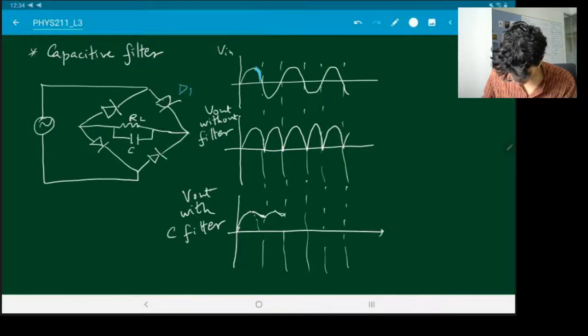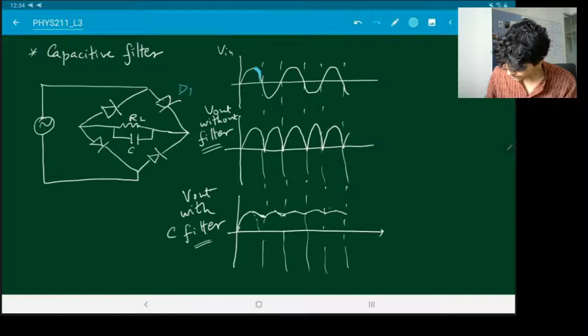So it looks like this. Once again, charge, discharge, charge, discharge, charge, discharge. So as you can see, we have gone from this V out without filter, which still had a lot of oscillations in it, to the V out with the capacitive filter, in which the output signal has now become quite flat. And that is exactly what we wanted.